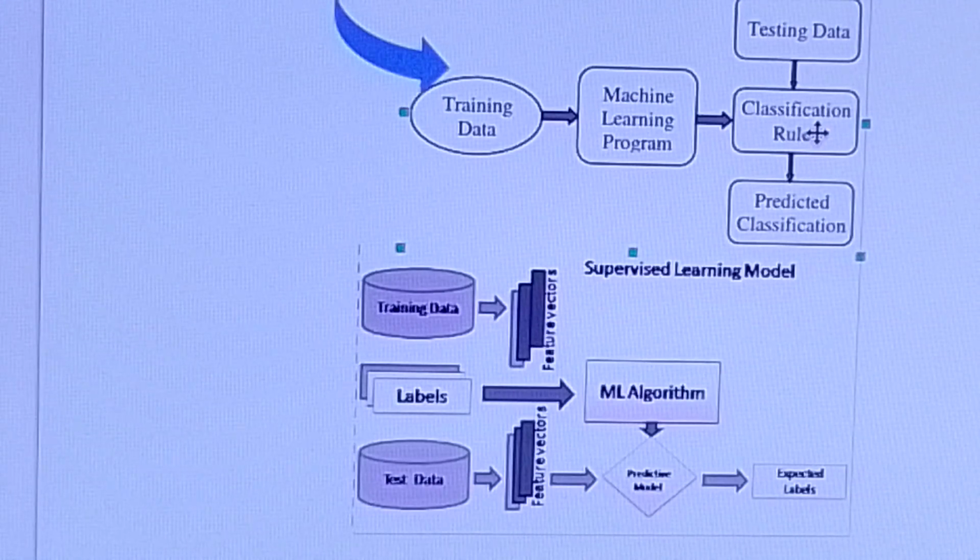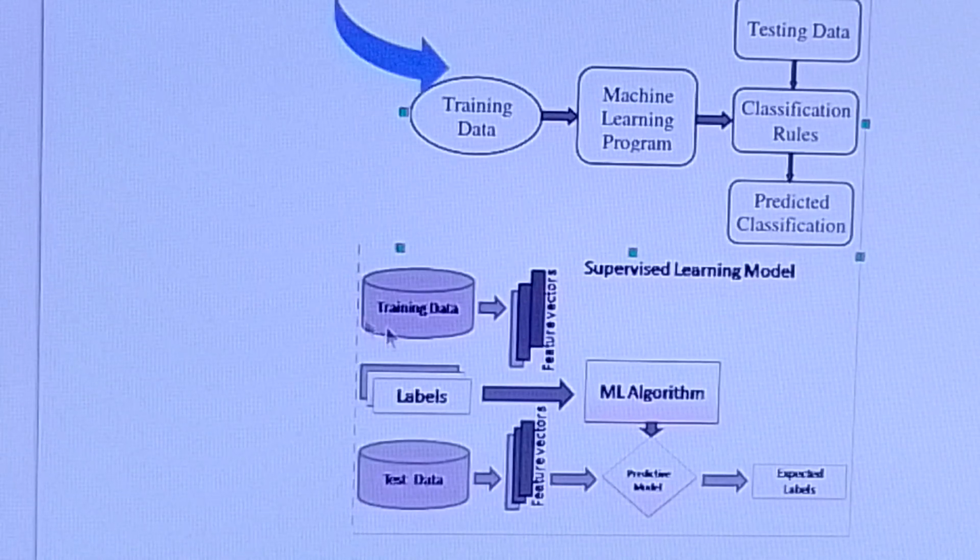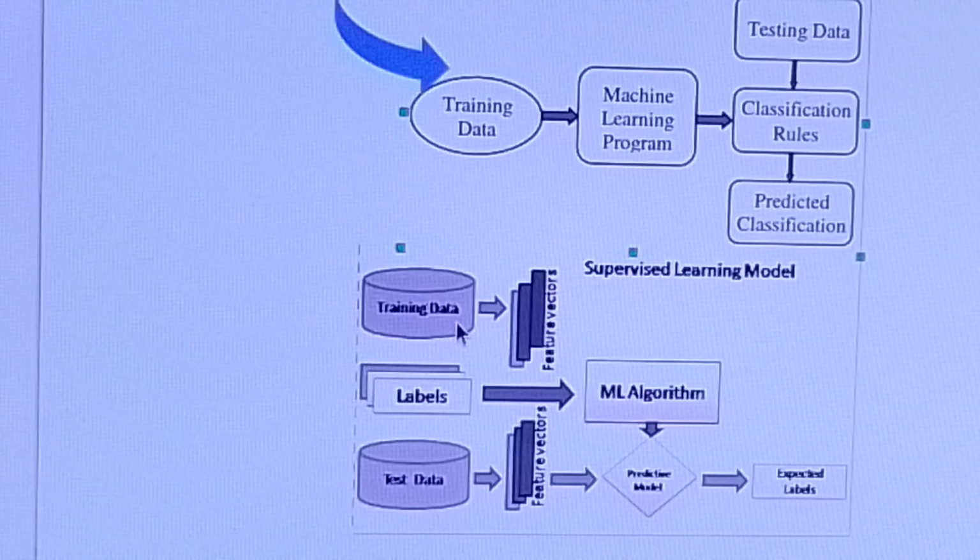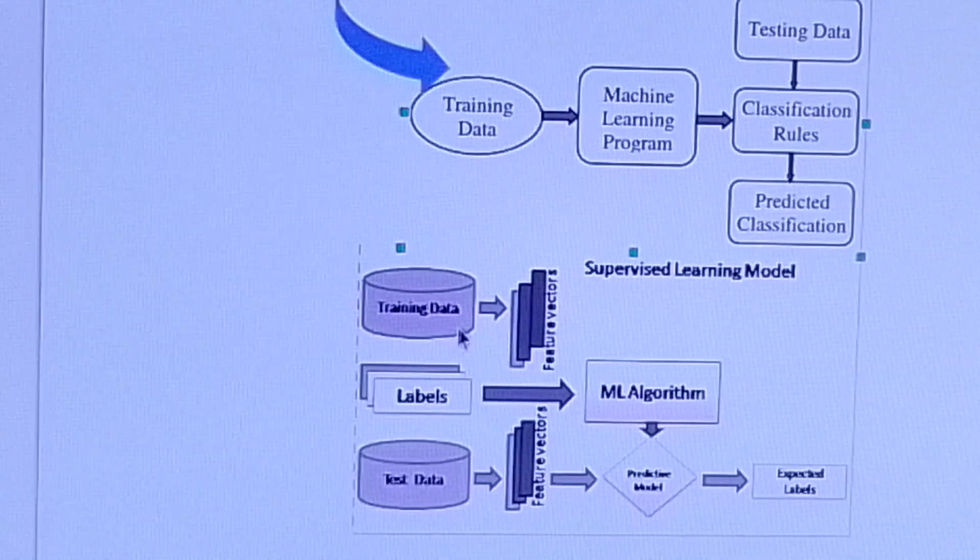The process of applying supervised ML to a real-world problem is described here in this figure. You can see this is the training data here that I put here, the labels, then test data. So there are two types of data there, train data and test data.